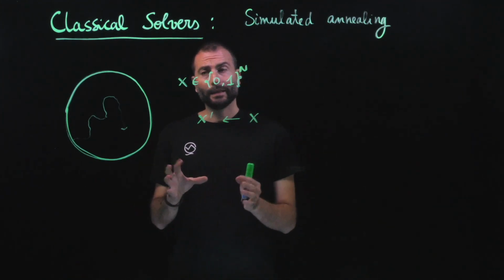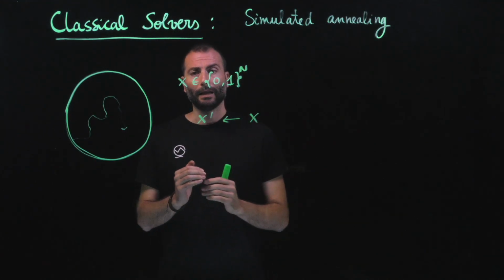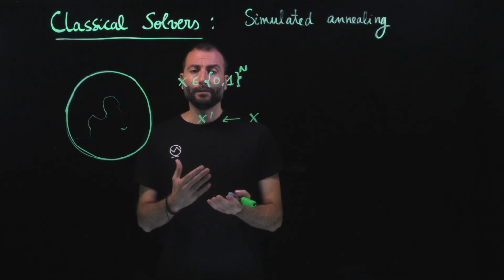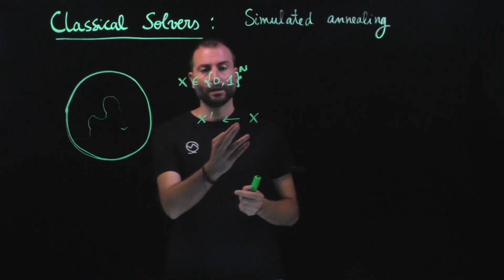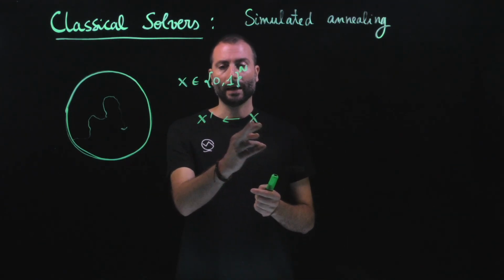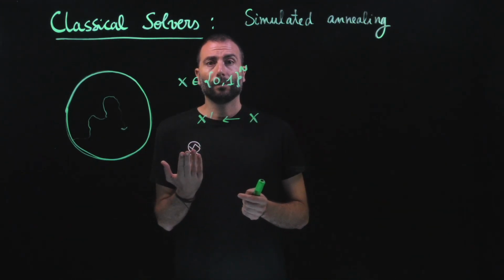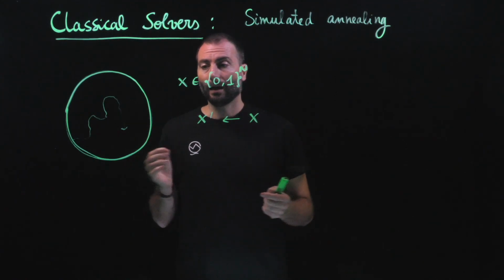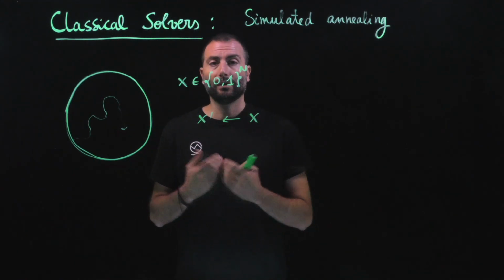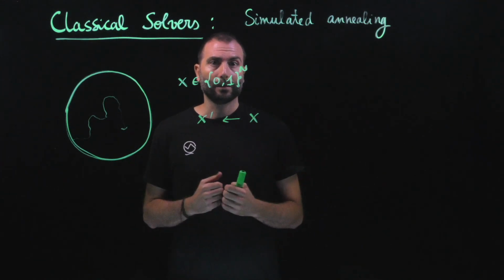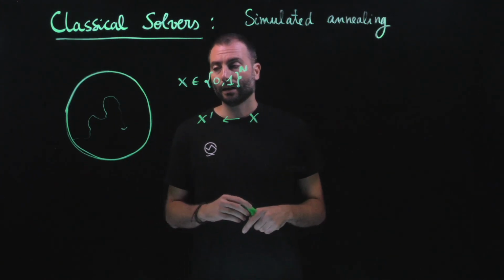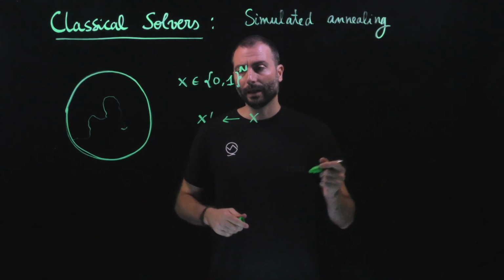I will explain the essential idea of the method. In practice, when you program it, there are several ways. For instance, an elementary change from some x to some x prime could be just flipping a bit of the system, but we could decide to flip 3 bits or whatever. These choices depend on the situation.